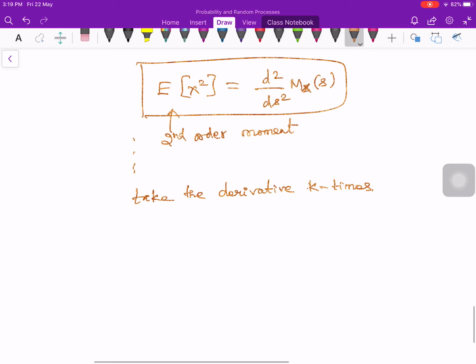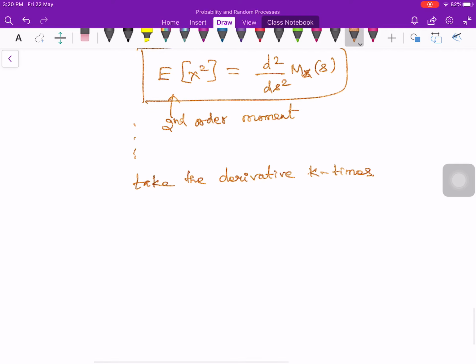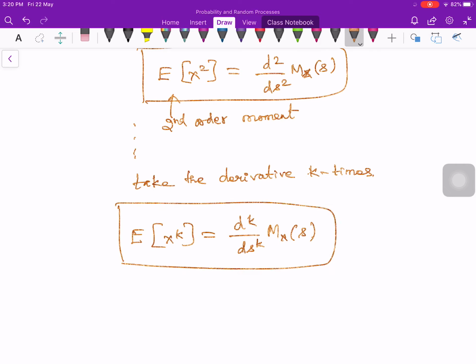So what will happen? All other terms will vanish other than the expected value of X to the k. Therefore, E of X to the k equals the kth derivative of the moment generating function M_X of s at s equal to 0.